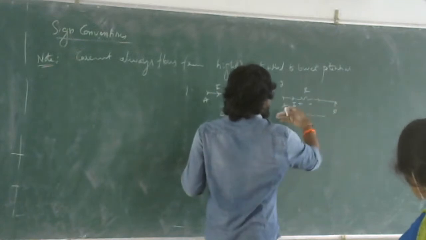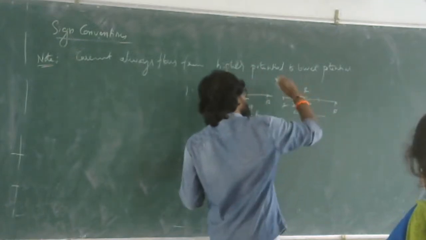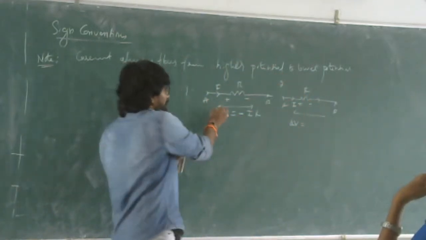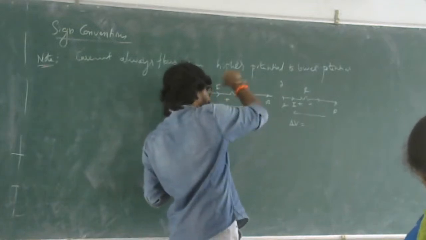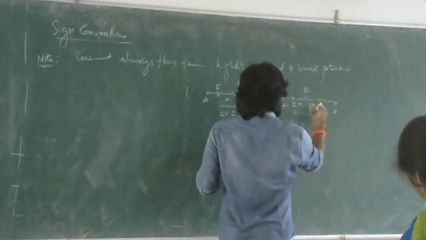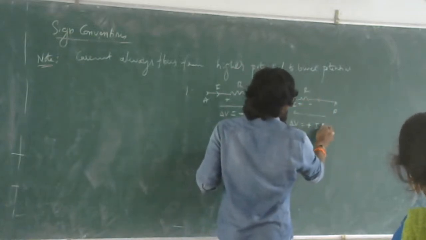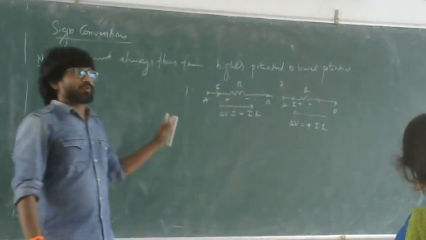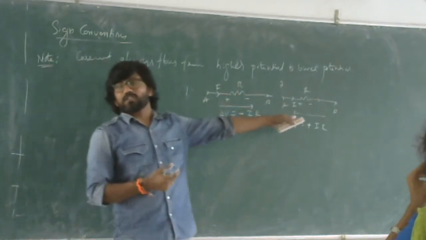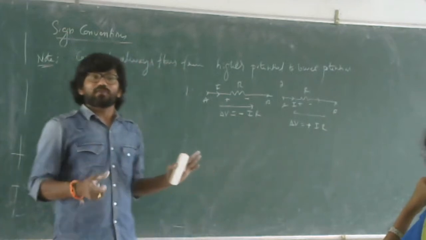But when we come in this direction, we go from lower to higher potential, that means minus to plus, so the potential difference delta V is taken as positive. So if you go in the direction of current, the potential difference is negative. If you go in the opposite direction of current, you take the potential difference as positive. Is it clear? For a resistor.